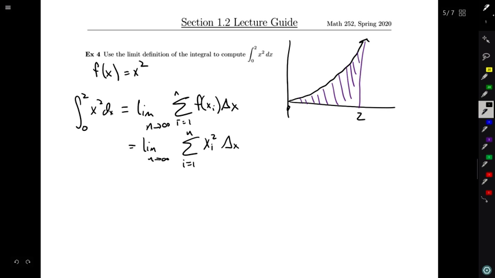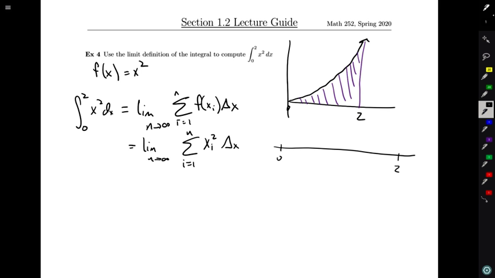Let's think about what our xi's and delta x are by analyzing this interval from 0 to 2. We want a formula for delta x and for xi, but these depend on how many rectangles we're creating.